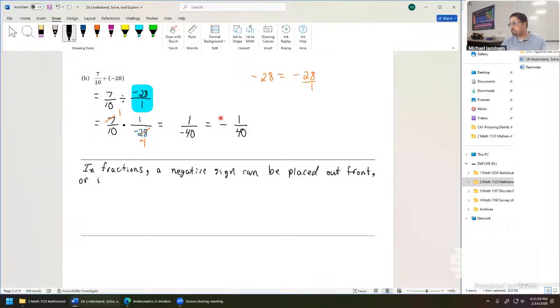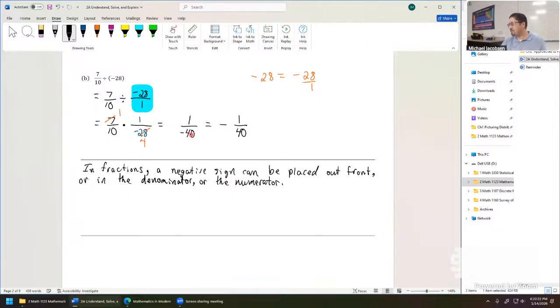Or in the denominator, or the bottom of the fraction, like it's written down here. So it can just move from out front to the denominator if we want, or the numerator. Let me spell that correctly first.